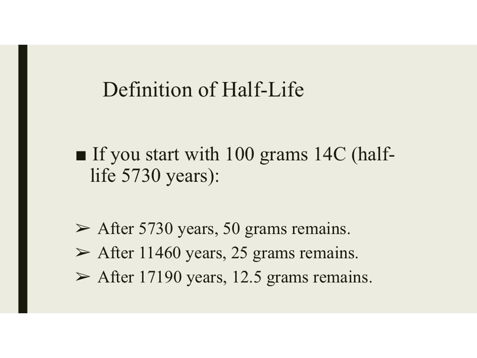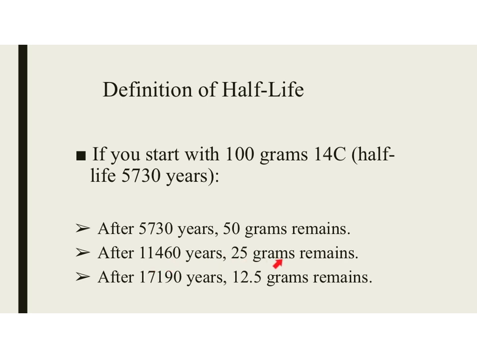For this example, we are going to start with 100 grams of the isotope carbon-14, and we know that half-life is 5,730 years. So 5,730 years goes by, and half of this 100 grams is going to decay. So only 50 grams of the original sample remains. And then another 5,730 years goes by. Now we're up to 11,460 years.